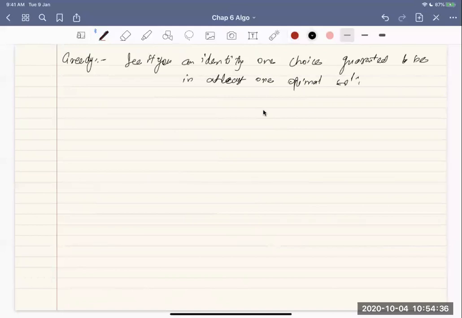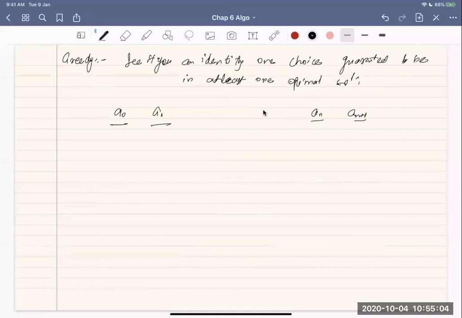Suppose I'm choosing between the activities A0 to A(n+1). Actually, this is just dummy. Actually I'm choosing between A1 to An. I need to make a choice, and this should be with some easily computable property.